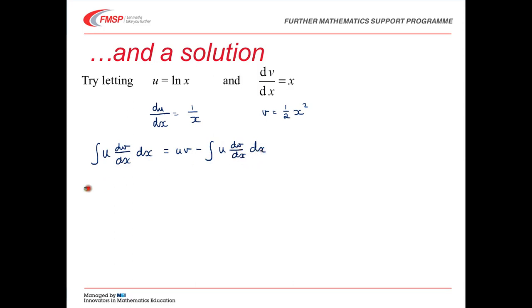So the integral of x log x is uv, that's a half x squared log x, minus integral of v, there you see I've miscopied it because I wasn't actually paying attention when I was doing it, v, a half x squared times du by dx, which is 1 over x.